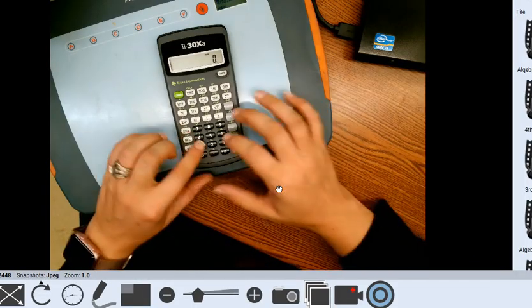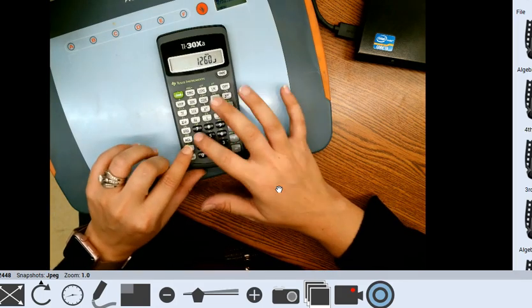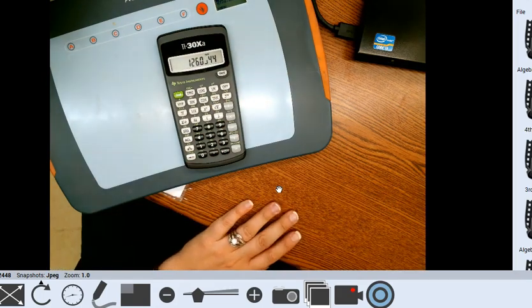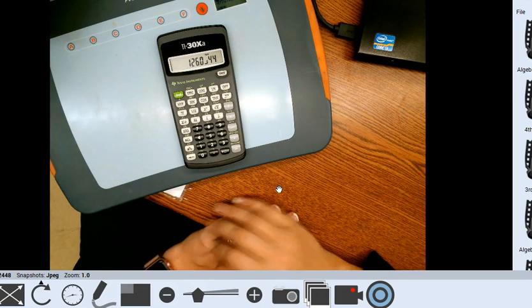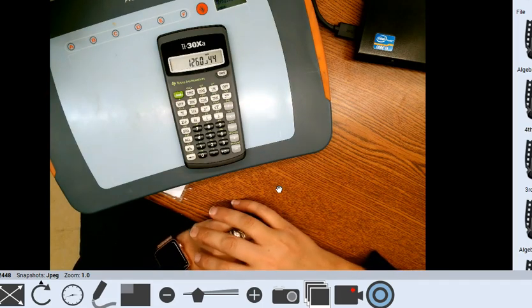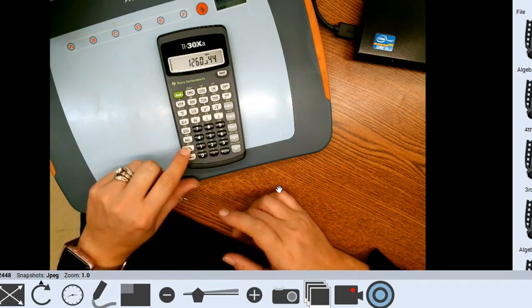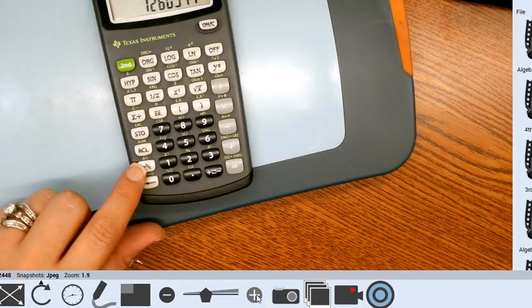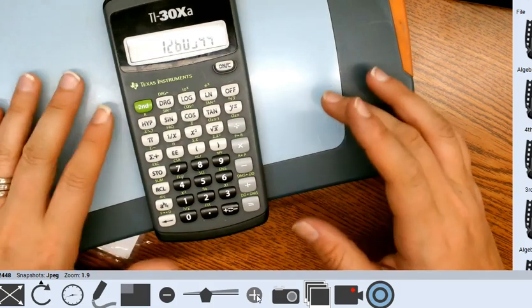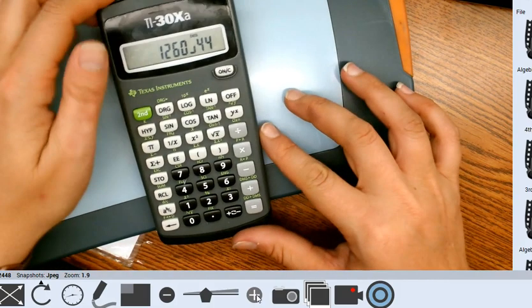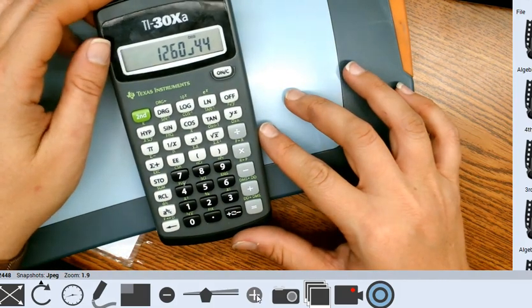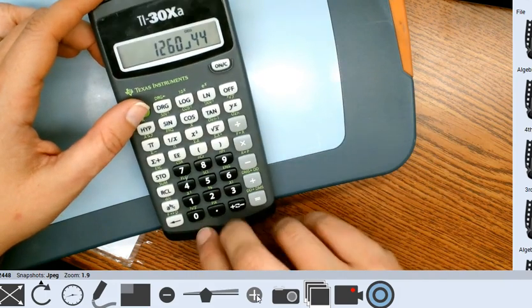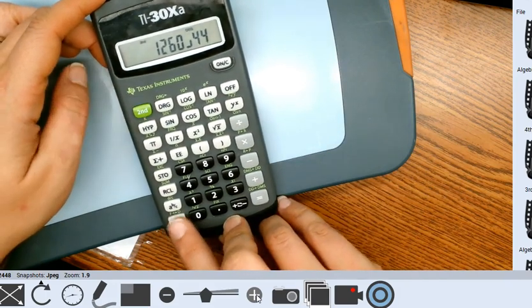Okay? Knowing how to use your calculator is super important, especially on the calculator section. So if I have 1260 over 44 using the fraction button right here, then I can reduce this fraction. So I can turn it into a decimal. So look, second button this, I'm going to turn it into a decimal.